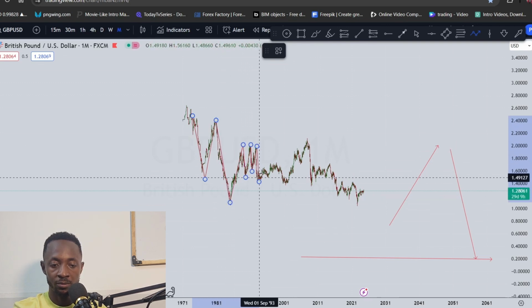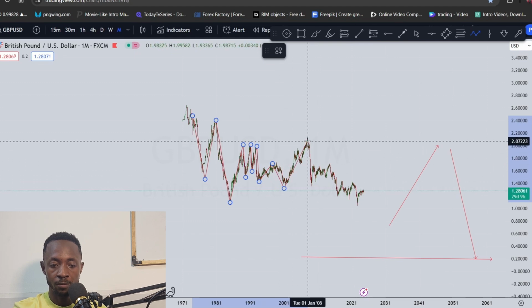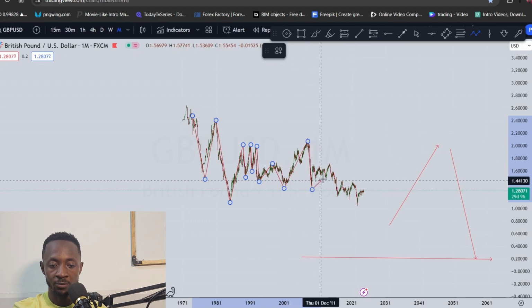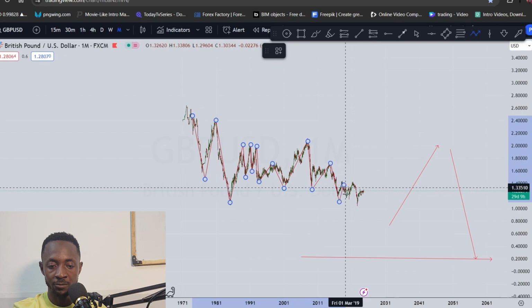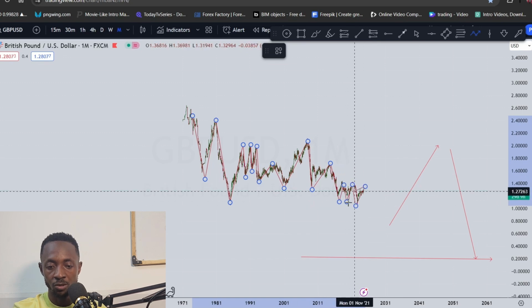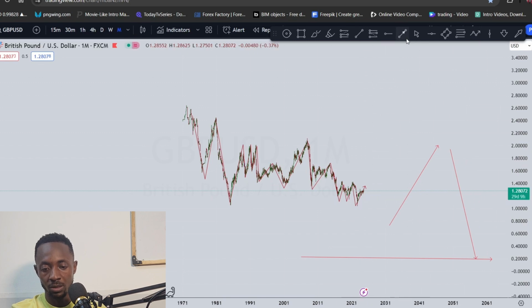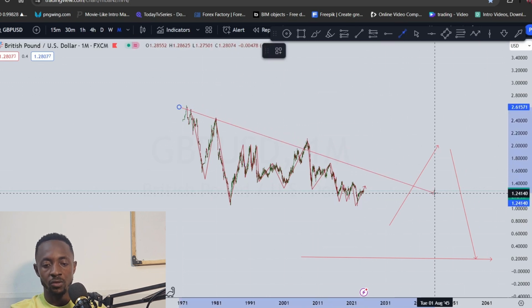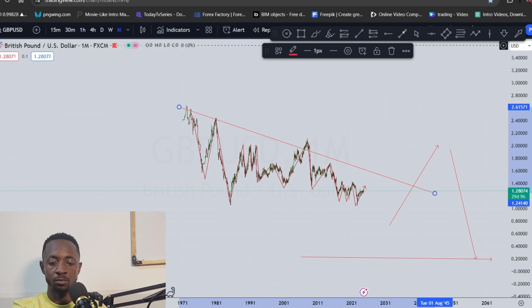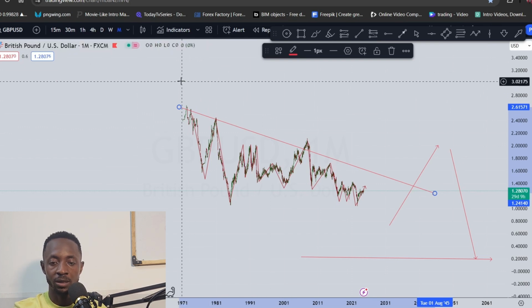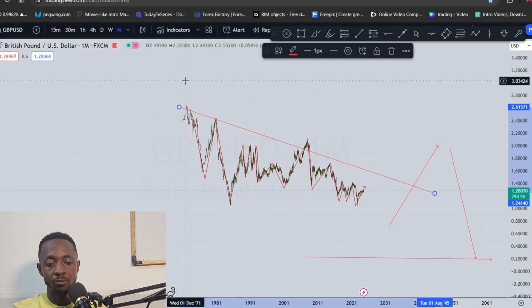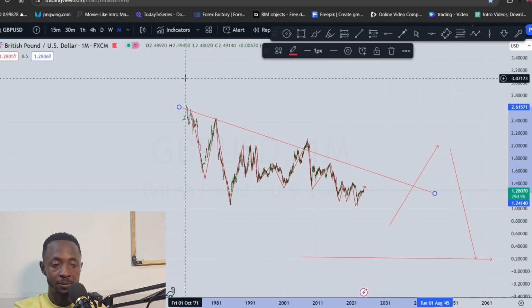It goes down, goes back up, goes down, goes up, goes far up, comes far down, goes up a little bit, like that. But if you observe the overall direction, you will discover that the market is going down, from the inception of GBP USD, when the pair started trading in 1971. You can see how long Forex has been around.